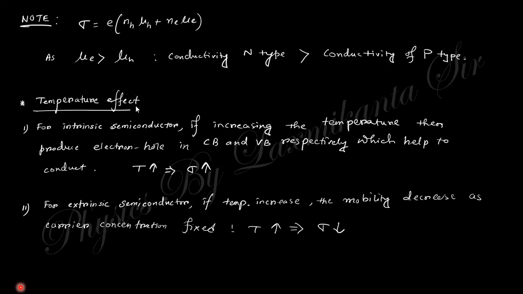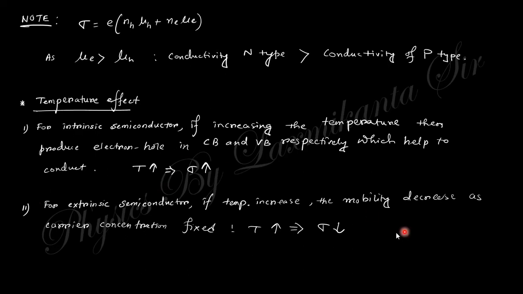You just think about two things. The mobility of the electron is higher than the mobility of hole. This is the experimental result. And from that you will obtain two experimental results regarding the temperature effect on the semiconductor. In case of intrinsic semiconductor, if you increase the temperature, then the carrier number will be increased, that is, the concentration of the carrier for electron and hole both are increased. The increased carrier concentration results in a higher conductivity.